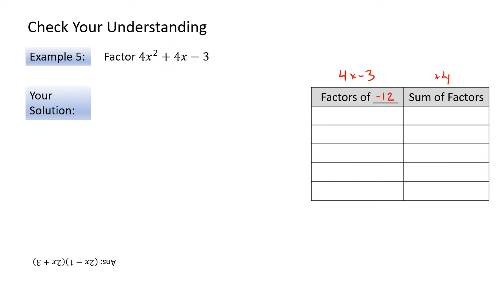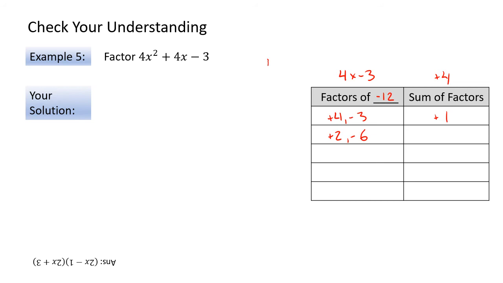And they have to add to the same number here, which is positive 4. So starting with options that we have here, all right, obviously the first one that's going to come to mind is 4 and negative 3. Okay, it's the one we just calculated. So that gives you negative 12, and when you add them up, it gives you positive 1. You can have positive 2 and negative 6 would give you negative 12.